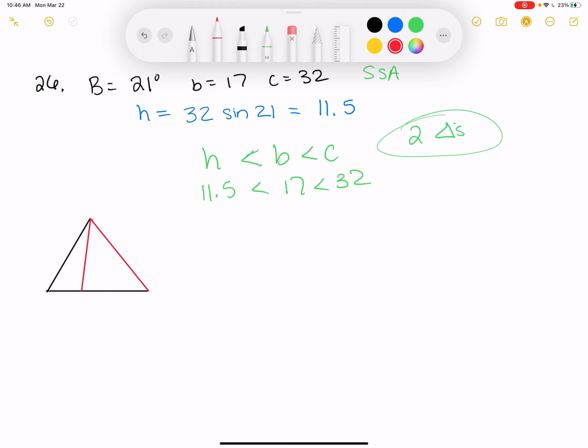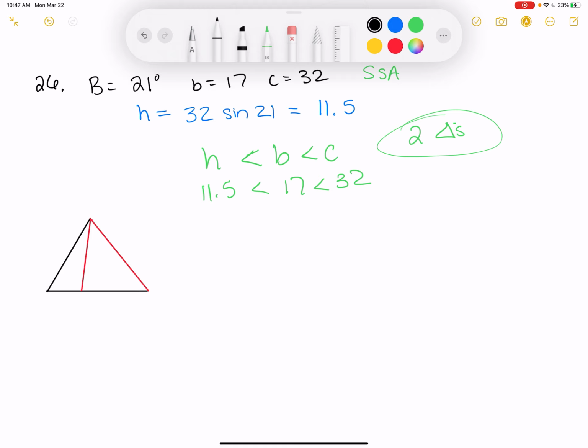So we've got 2 triangles, 1 really big one and 1 really small one. How do we know how big the triangle is going to be?